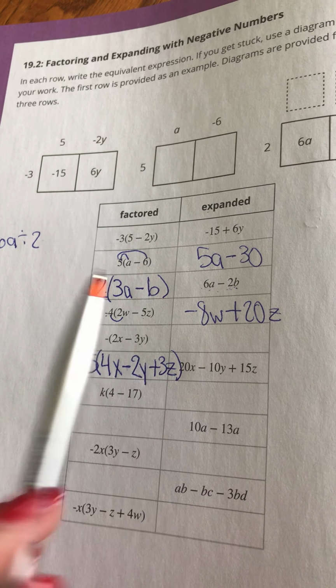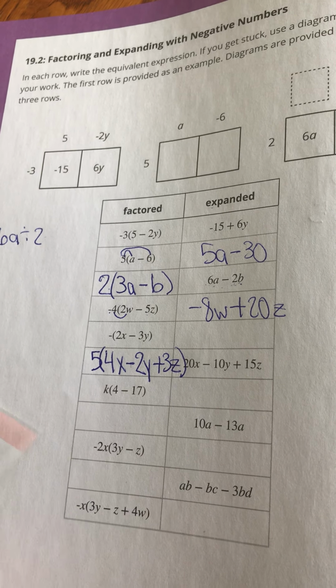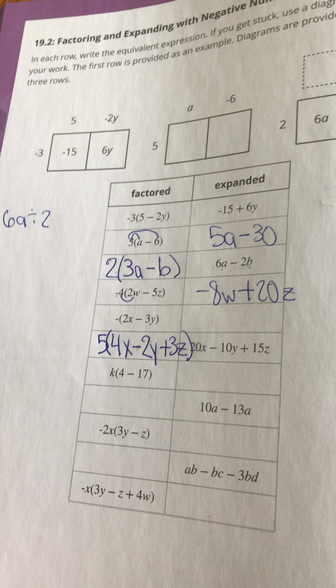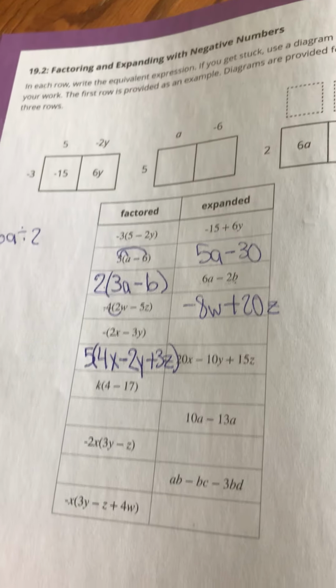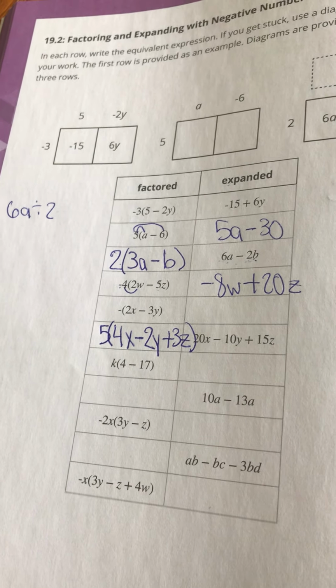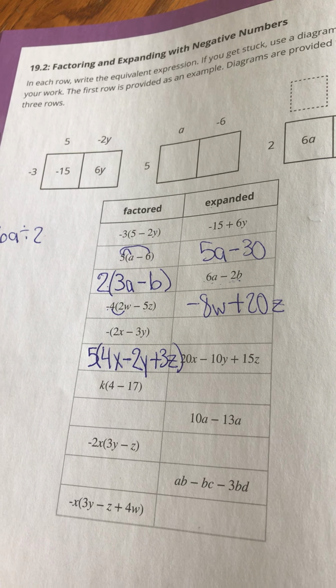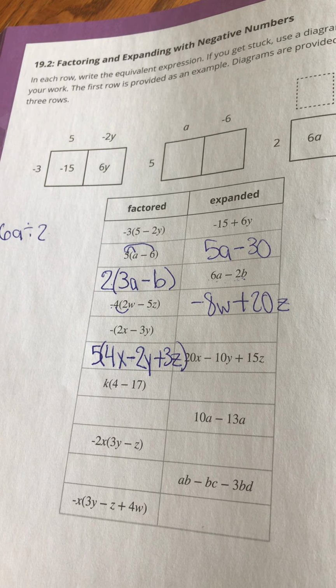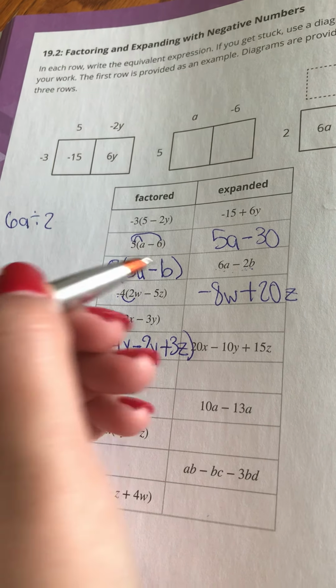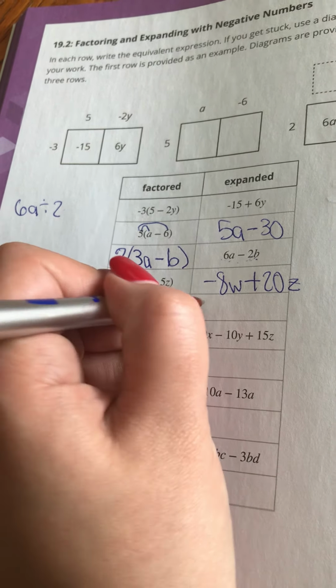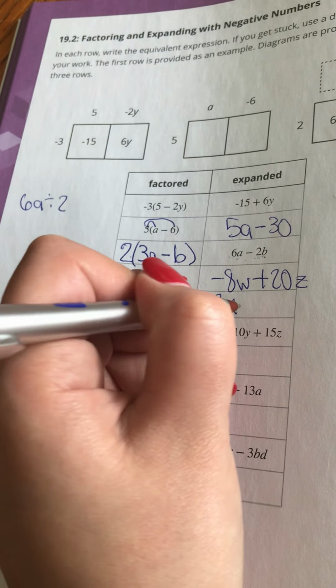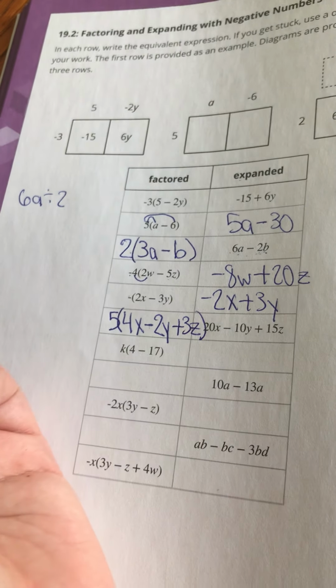So I want y'all to do these real quick. So if you did it, you have negative 2x plus 3y.